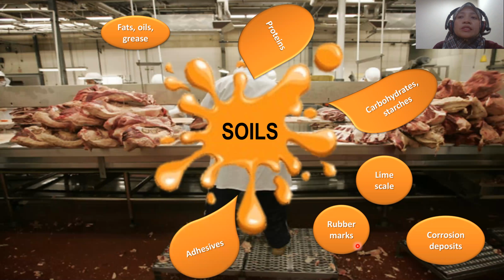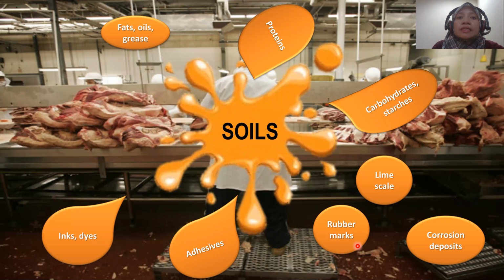Adhesive soils are due to dripping of the adhesive solution from packaging and labeling processes. Besides that, inks and dye solutions may also drip from packaging and labeling machines. Lubricants may also drip from food machinery, especially machinery that has moving parts.